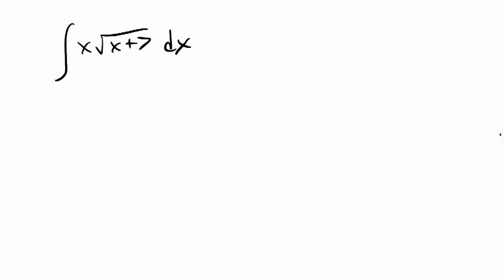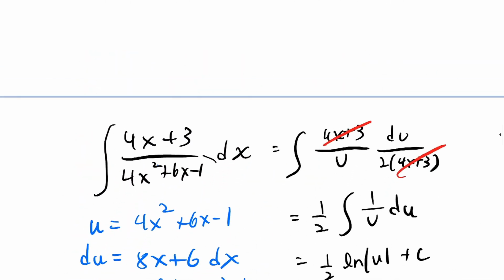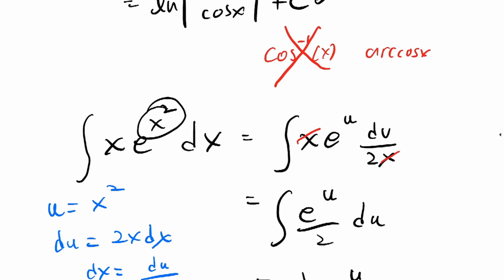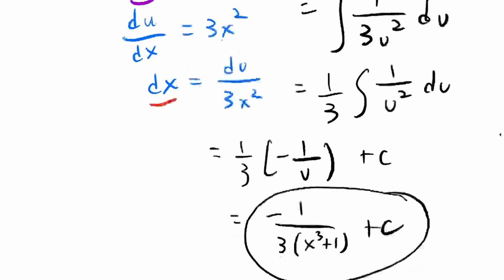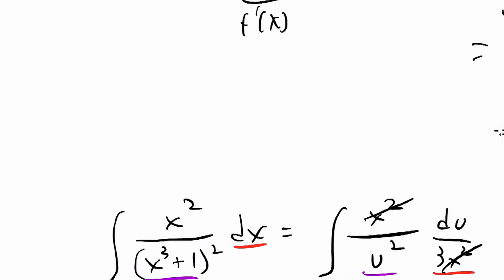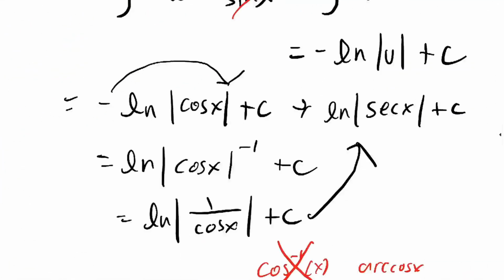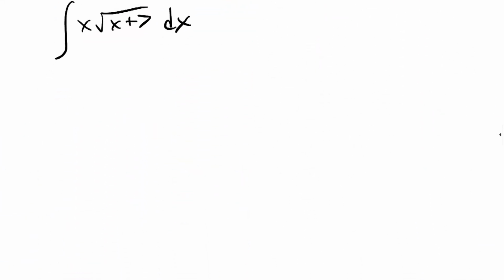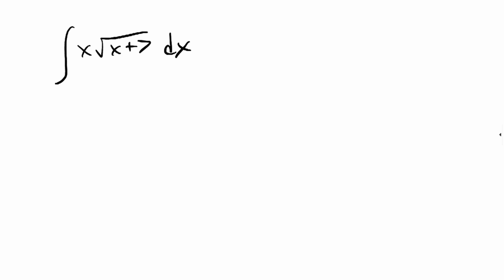Generally in the previous cases, we've always let u equal the most complicated thing in the function, like what's in the exponent, the x² in the exponent, or in this problem, something in the denominator squared. There are a lot of terms there, and that's what we let u equal. But in this case, we can't really let u equal x + 7. Just a quick reminder that the derivative of root x is 1 over 2 root x.